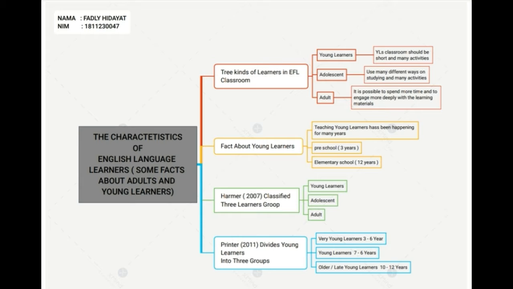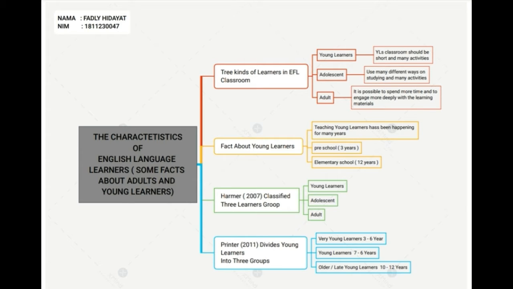There are three kinds of learners in an English as a foreign language classroom. The first one is young learners, the second is adolescents, and the third is adults. Activities in a young learner classroom should be short and many.